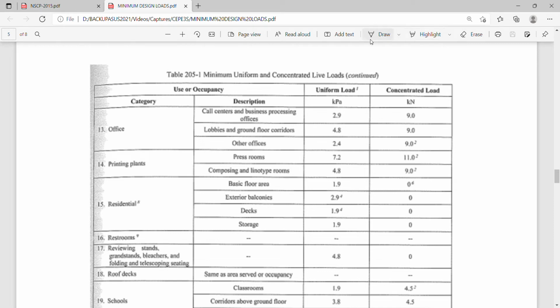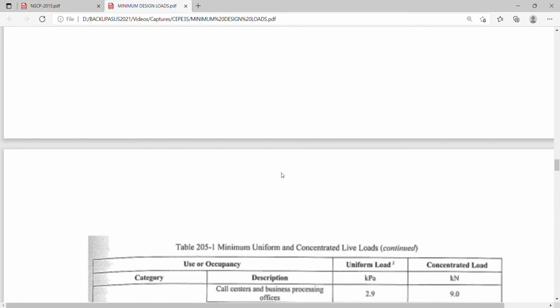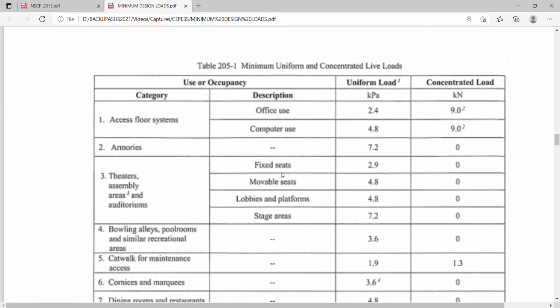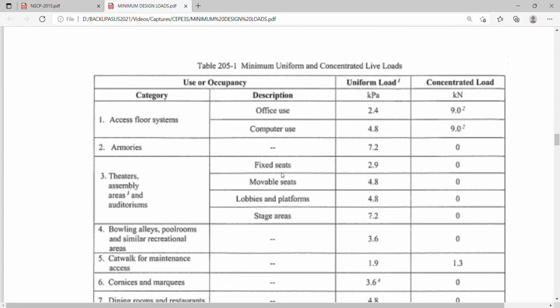Very informative in the sense that for all the most common buildings, occupancy and category are defined here, including their components or sections, such as the access floor system, exit facilities, etc.